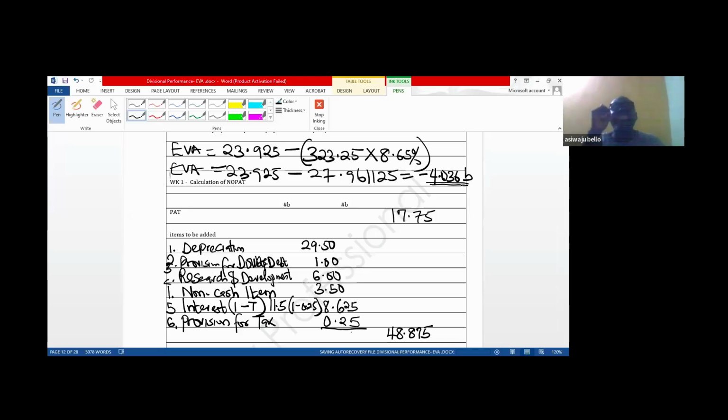And once you have a negative EVA, it's an indication that that company is not performing well.